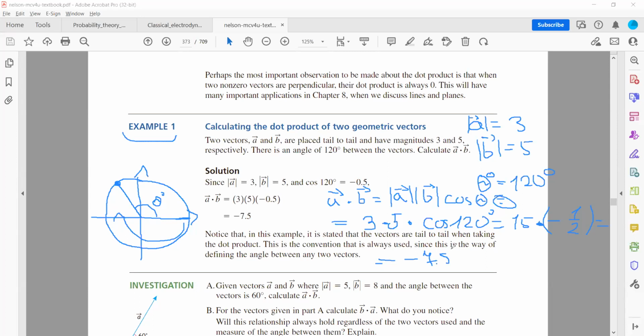In this particular problem, it was mentioned that vectors A and B are placed tail to tail, and it's not a coincidence, because that's the way for us to define the angle between those two vectors. Otherwise, when they're just randomly positioned in space, unless you're familiar with how to work with vector components, it will be really hard to define the angle between them.